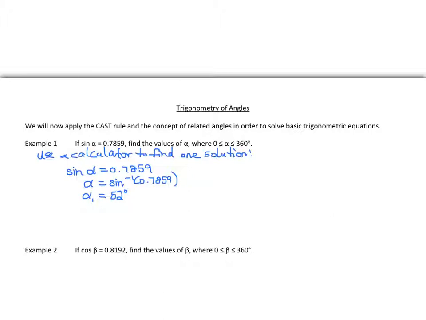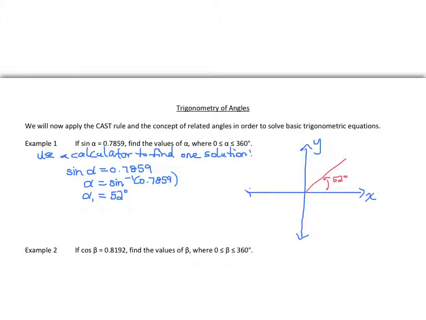So any angle related to this one, well, I should say some of the angles related to this one, will have the same trig ratio, the same sine ratio, depending on what quadrant the terminal arm lies in. So if we were to draw ourselves a little sketch, an angle of 52 degrees has its terminal arm in quadrant 1, say right around here.